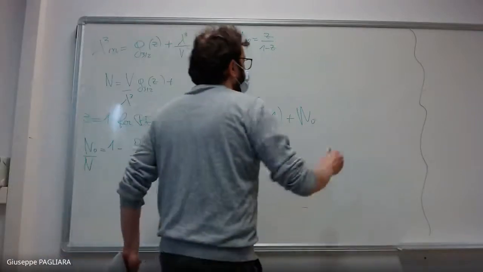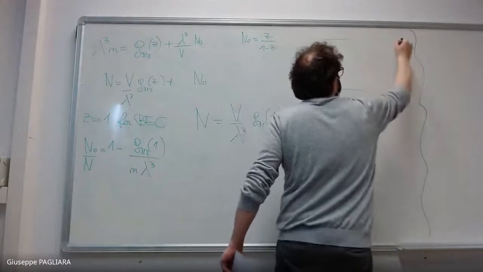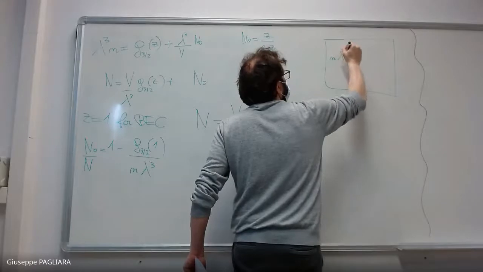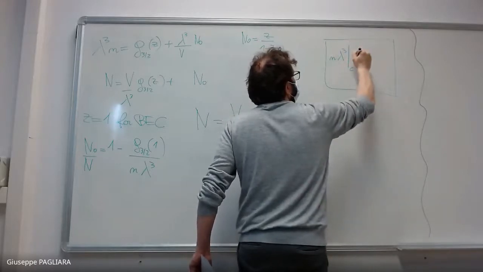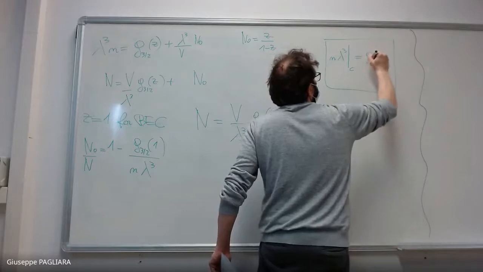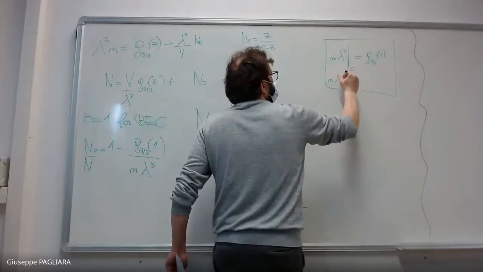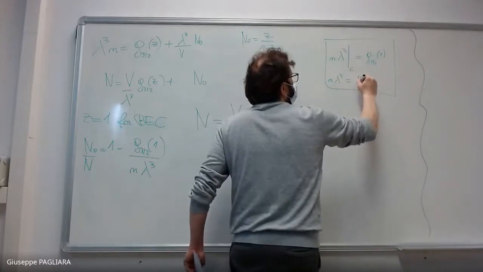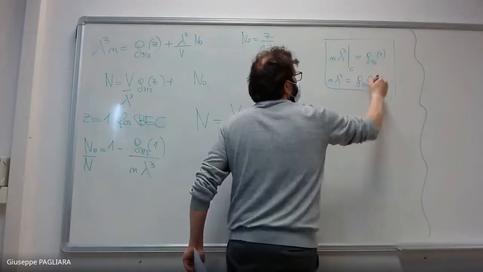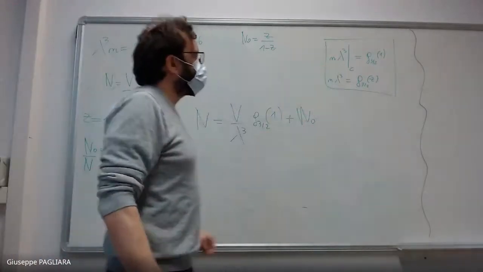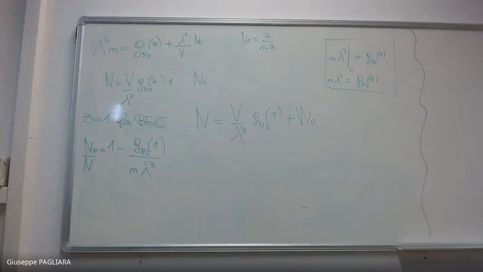Okay. So now let me write here the fact that n lambda cubed critical is equal to g_{3/2}(1), whereas n lambda cubed in the normal situation is equivalent to this. And in both cases, at fixed density, lambda cubed, so this function here, scales as T to the power of minus 3/2.